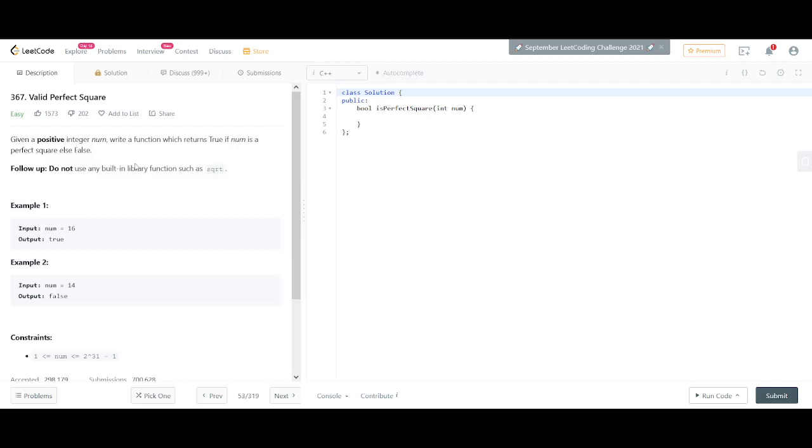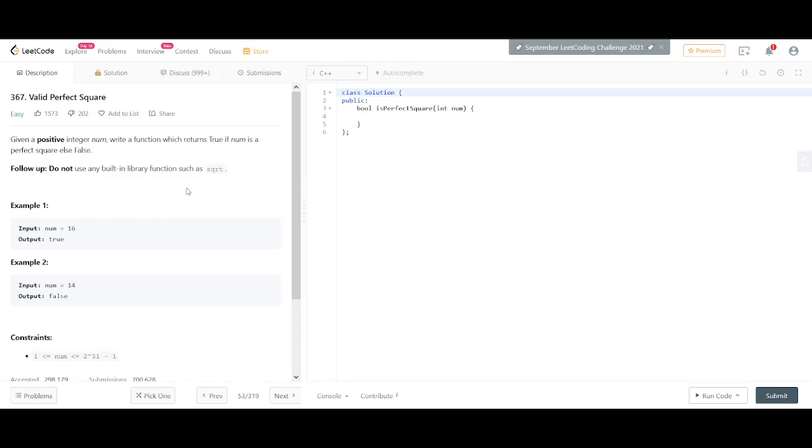Given a positive integer num, write a function which returns true if num is a perfect square, else false. We are not required to use any built-in library functions such as sqrt. So we are given a number like 16, and we should return whether it is a perfect square or not. What are perfect squares?